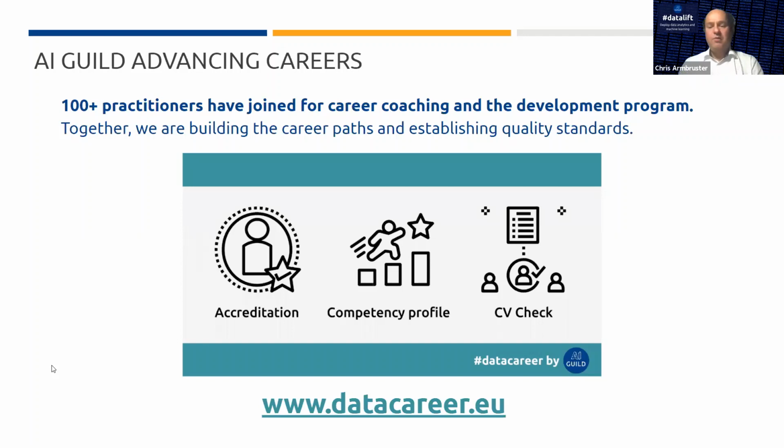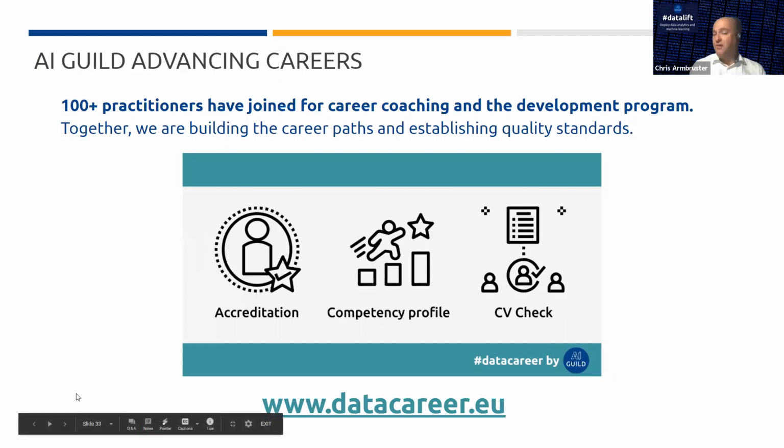We'll give you instruction on how to prepare your CV so that an experienced member of the AI Guild can read it, interview you about your profile, and give you some tips and tricks on improving the CV so that it becomes more compatible with what you're looking for, and hopefully gets you more interviews. We can also validate your CV and then make it part of the network that we have, if that's interesting for you for a first, second, or third role.